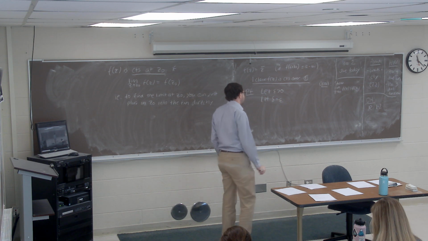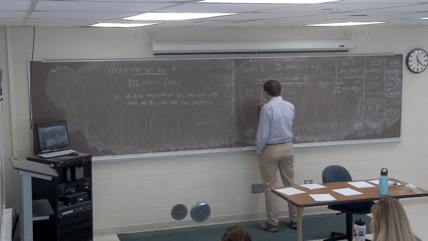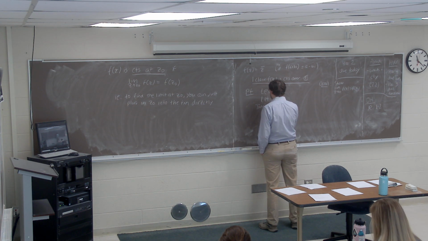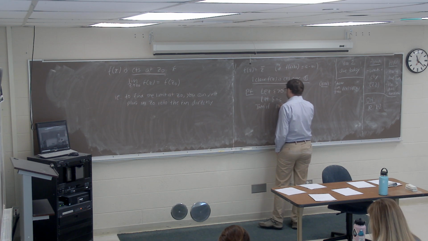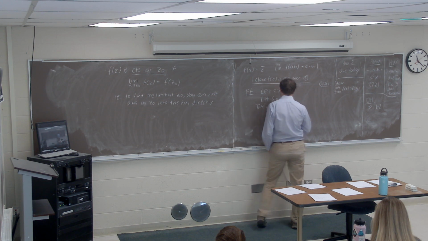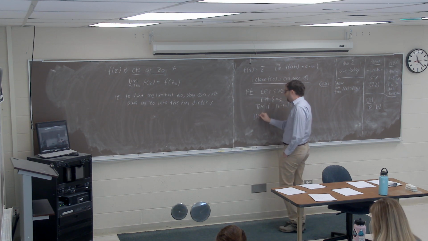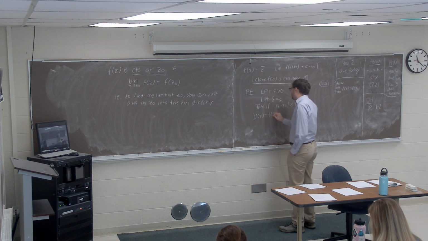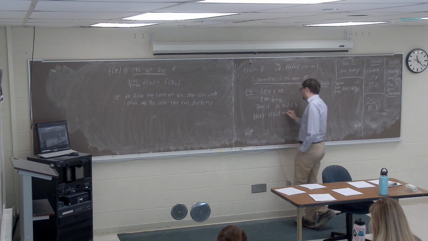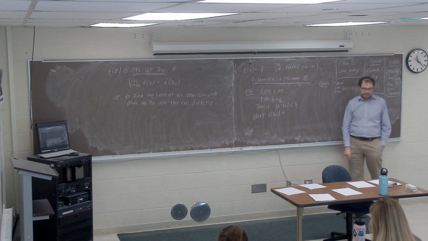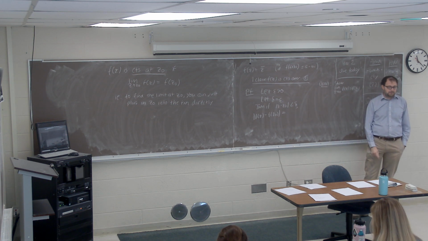And here's why. I claim that if the distance from z to z naught is less than the delta I have chosen, the distance from f of z to f of z naught is going to be, what's f of z here, Katrine?